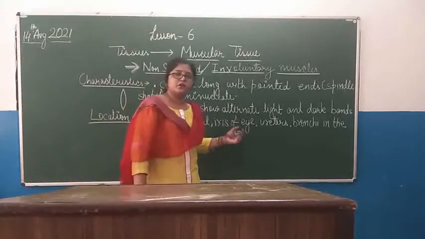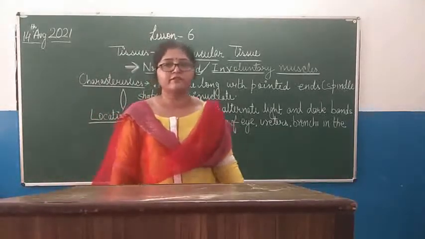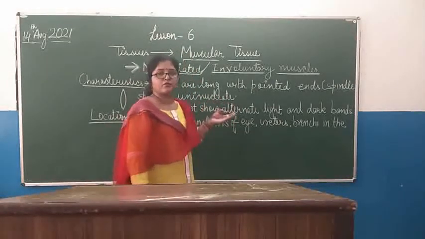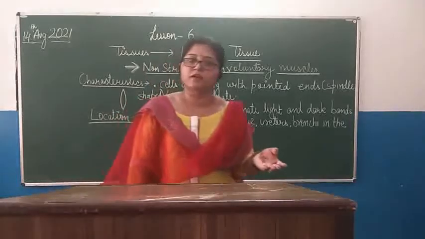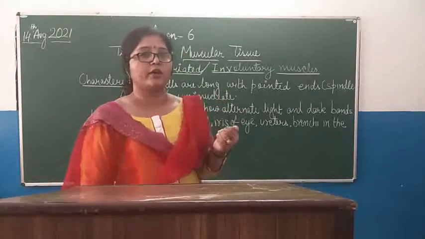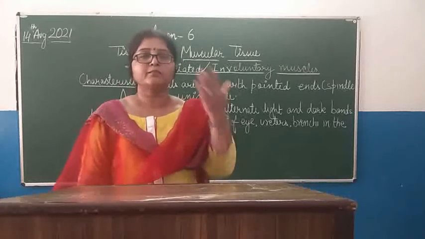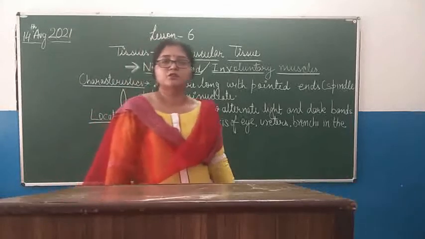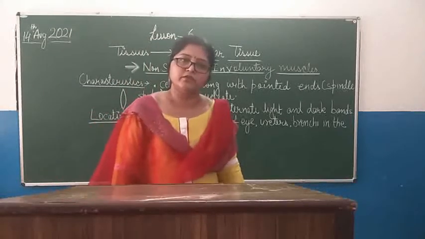Iris of the eye controls the amount of light entering into our eye. So in this way these involuntary muscles work, which do not function according to our will, like blinking of eyes, ये हमारे कंट्रोल में नहीं है. Okay, so these are involuntary muscles.